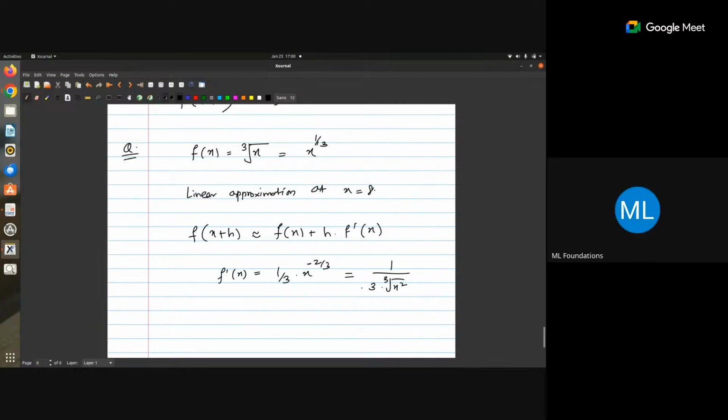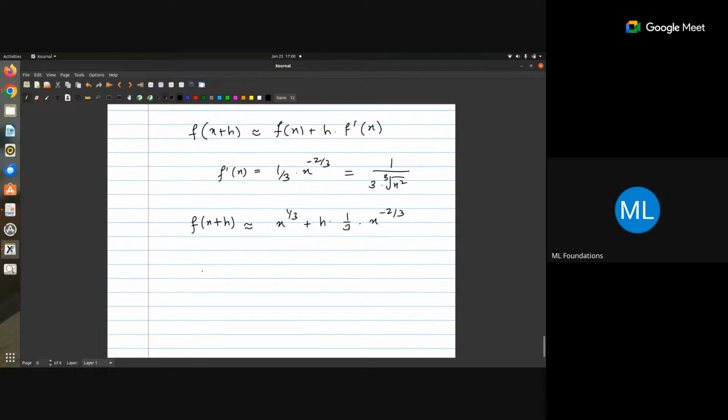If you don't understand this part, it's okay. You can just write it down like this. Then I need to find the linearization. So it will be f of x plus h equal to, what is f of x? x to the power 1 by 3 plus h into 1 by 3 x to the power minus 2 by 3, right?